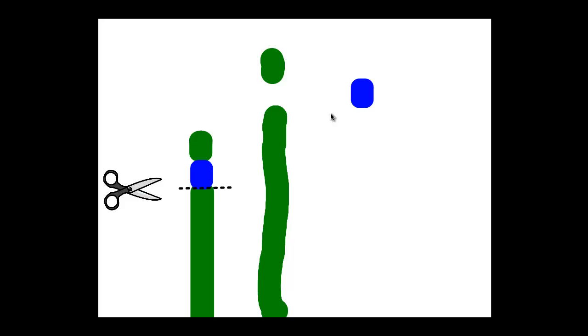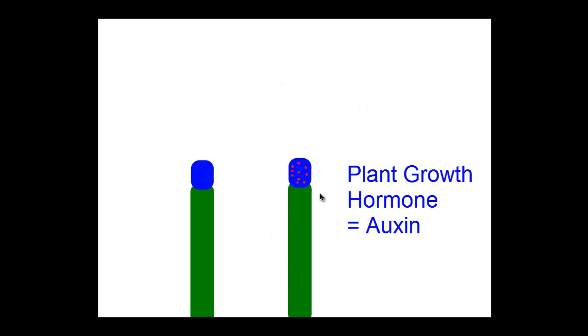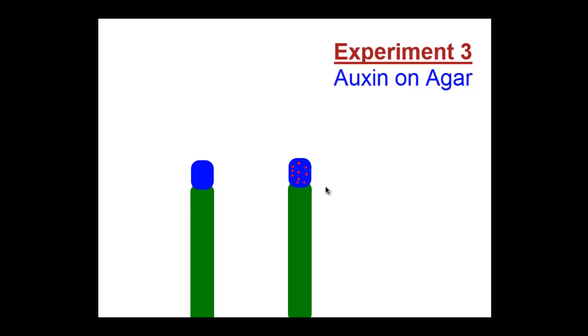And what they found was a number of different hormones. The one that's probably most common that we're going to be talking about today in these experiments is a chemical called auxin. And that's a very common plant growth hormone. So scientists could then really drop this chemical onto little agar plates on top of the shoots and see if it had any effect.